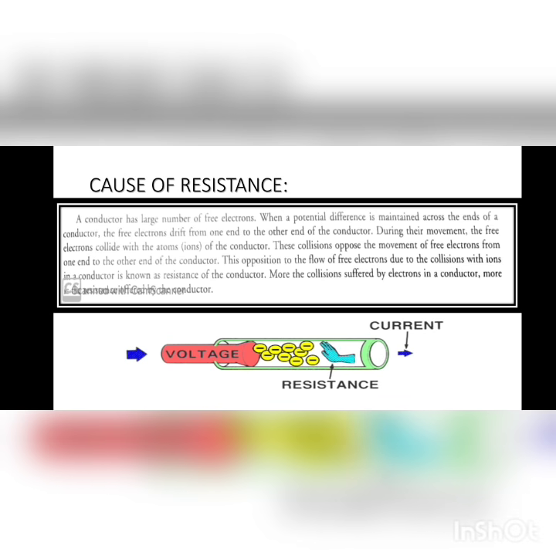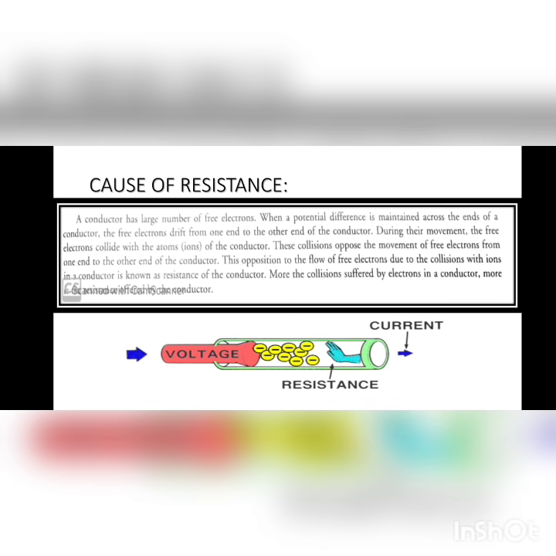So you can see in the diagram, this is the best way we can tell you what resistance is. Basically, when you are applying a voltage, the voltage is giving a direction to the free electrons in the conductor, and when these free electrons start moving, they collide with the other particles in the conductor like ions and atoms.